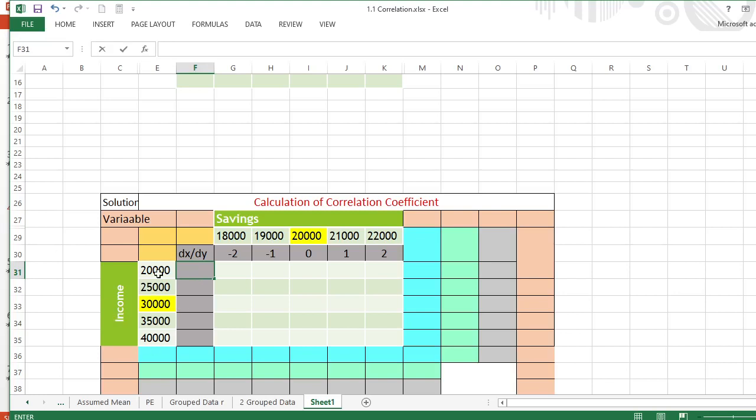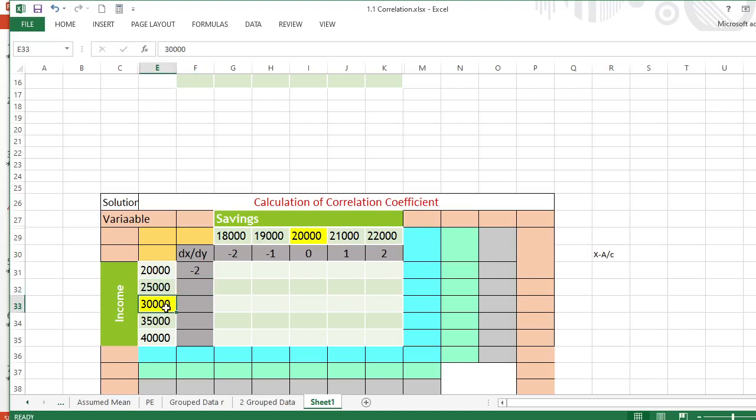So x value 20,000 minus a value 30,000, the difference is minus 10,000 divided by c 5,000, so it is minus 2. I'll write the formula here: (x minus a) divided by c.